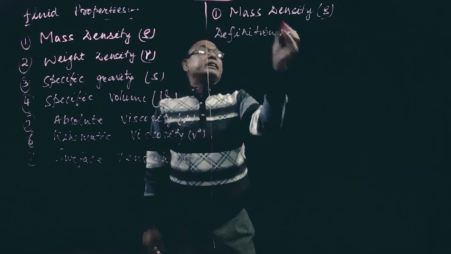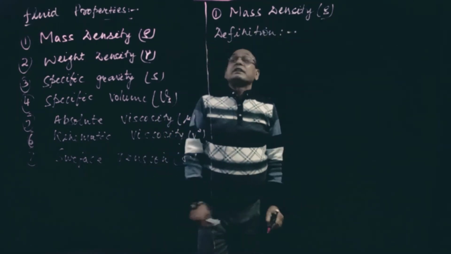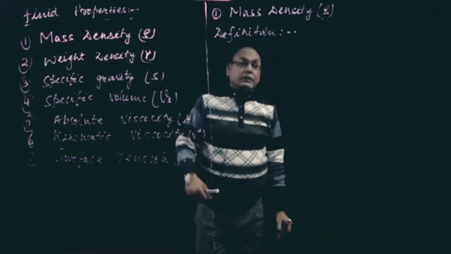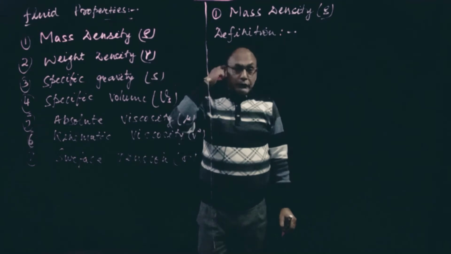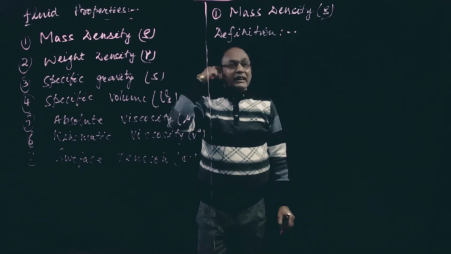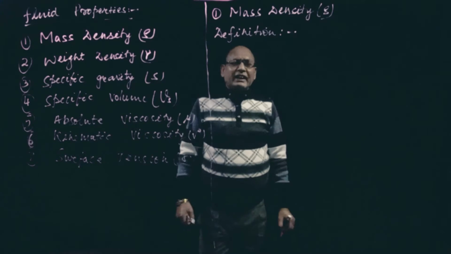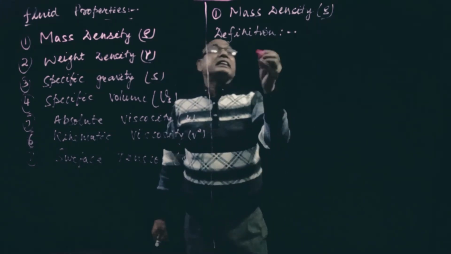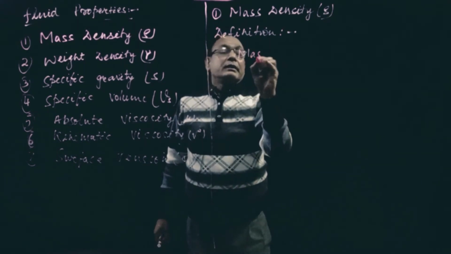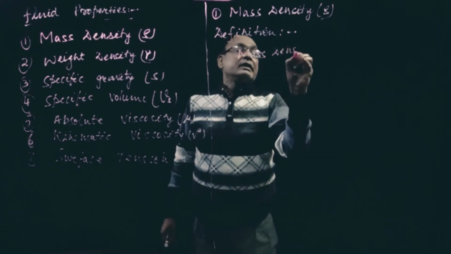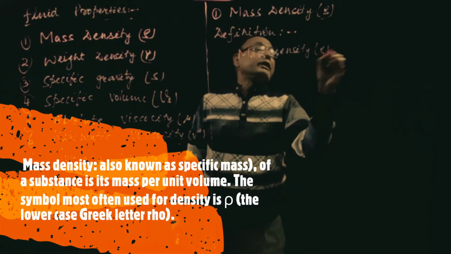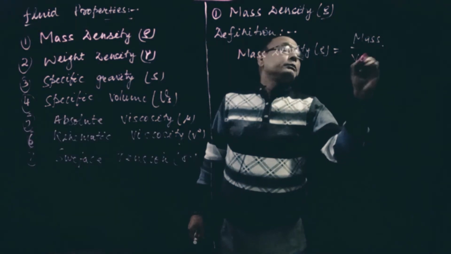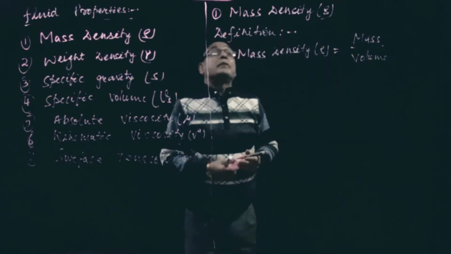What we have to study in all these fluid properties is what is its definition, what is its notation, how we are going to write it mathematically, and if equations are there, then we have to apply those equations also. So mass density rho is equal to mass per unit volume.